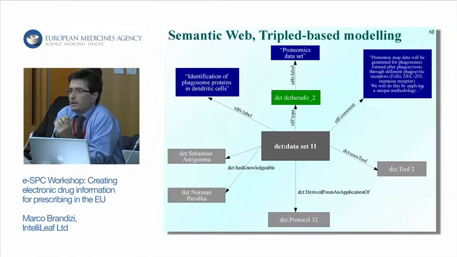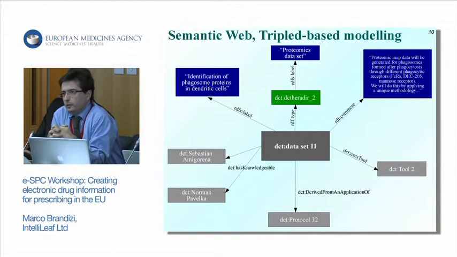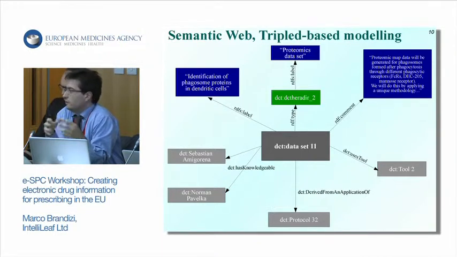And this is essentially the power of this modeling approach. Moreover, here you can see that this particular resource is associated with the relation type to the concept of proteomics data set. This is what led us to ontologies.